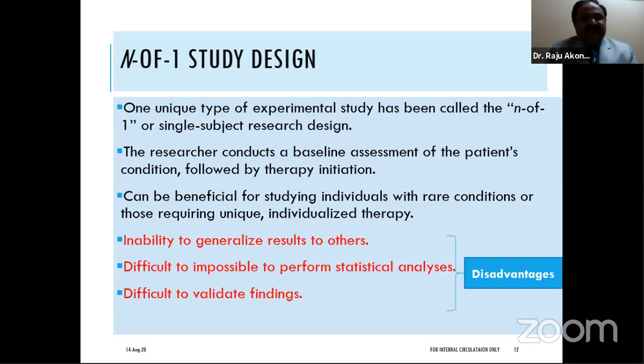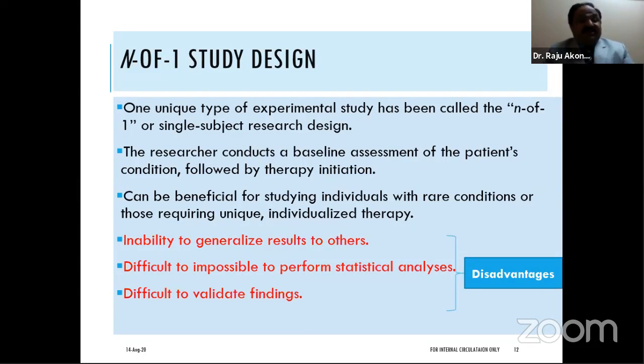If this study design was adopted by someone sitting in Africa or America, and they completed a study and published promising results, you cannot start treating your patients in India based on that, because the number of patients they used in that particular study was just 1%, right? So you cannot just believe that, right? You cannot just follow that, right?